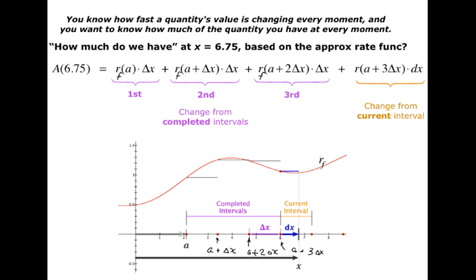To get to the start of the current interval, we have to go across how many of the completed intervals? All of them. To get to the left side of the current interval, we go across all of the completed intervals.